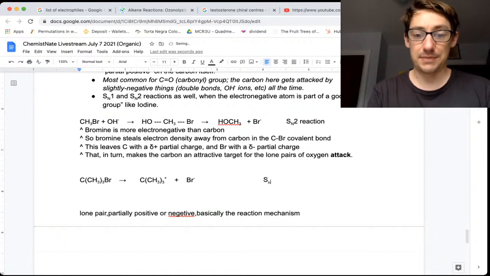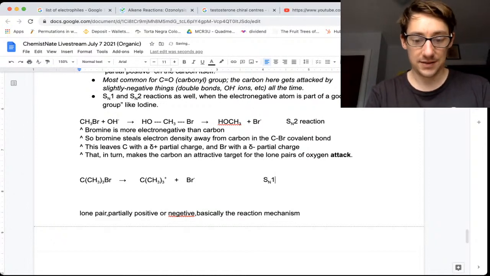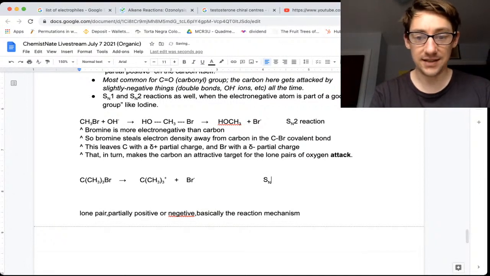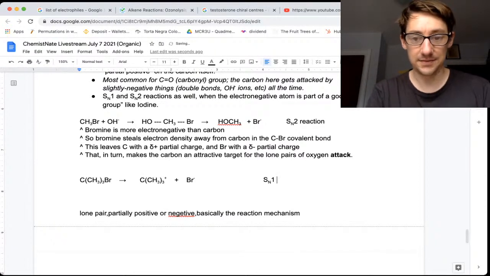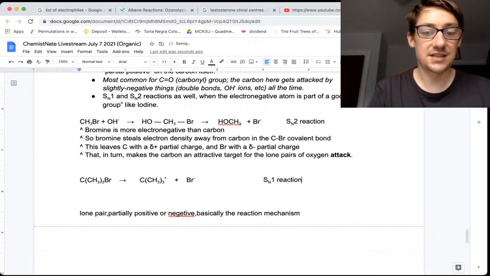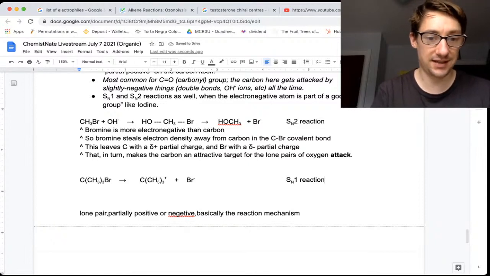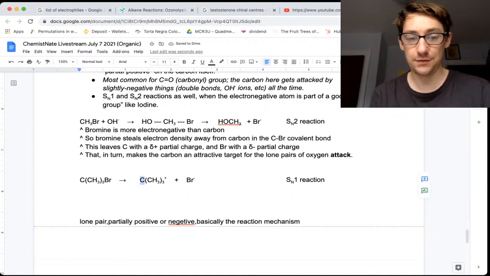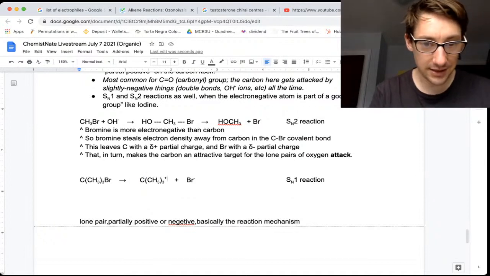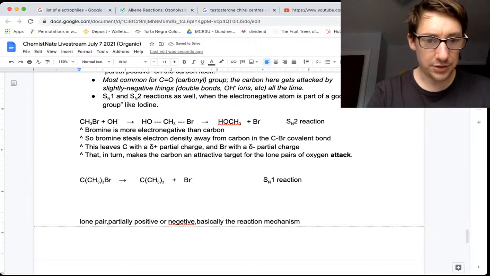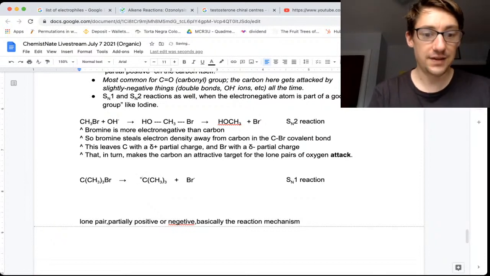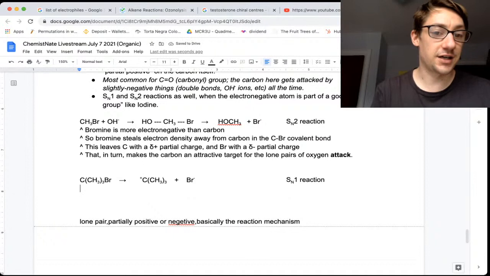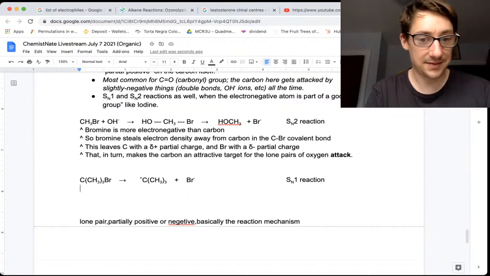Now this is the very beginning of an SN1 reaction, and it's the one for it being a unimolecular first step. It is one molecule breaking apart or decomposing into two separate things. But again, this carbon, which has a positive charge on it, you know what, I'll be even clearer and put that plus on that carbon itself, makes it an attractive target for a minus to attack.